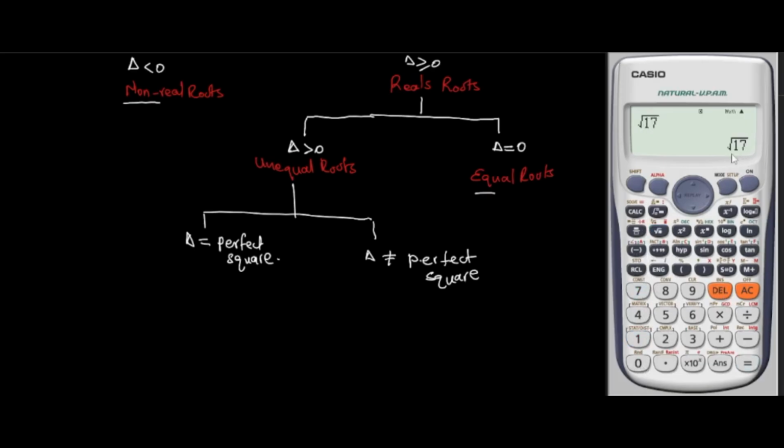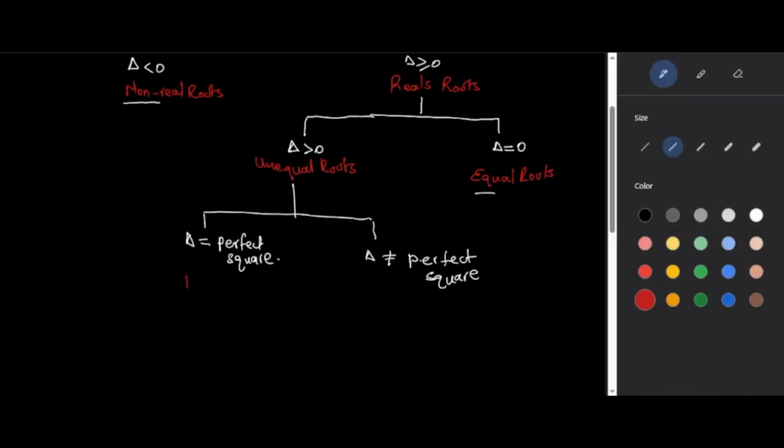But what is the root of 9? It's 3. The root of 64 is 8. So those are perfect squares. And if you find that the discriminant is a perfect square, the nature of the roots is going to be rational roots. And if you find that the discriminant is not a perfect square, it's going to be irrational.